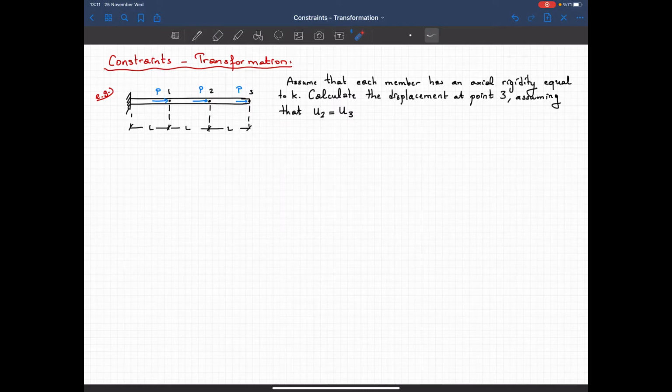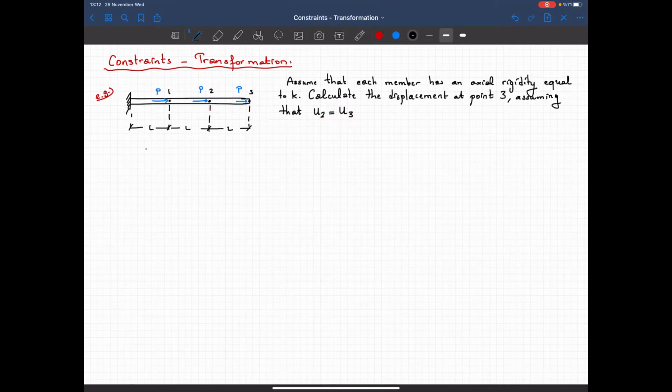This is basically saying that this member is axially rigid, okay? But let's forget about the axial rigidity now. I want to analyze that structure, and at the end of the solution, I want to have these two degrees of freedom equal to each other, okay?